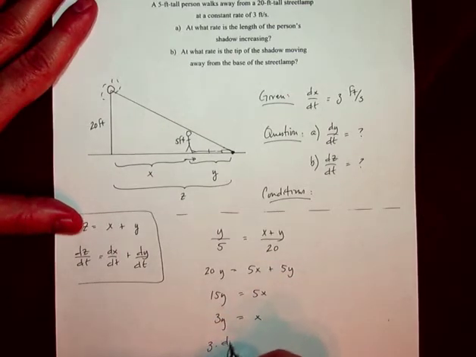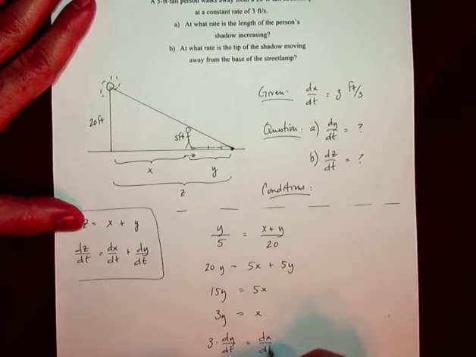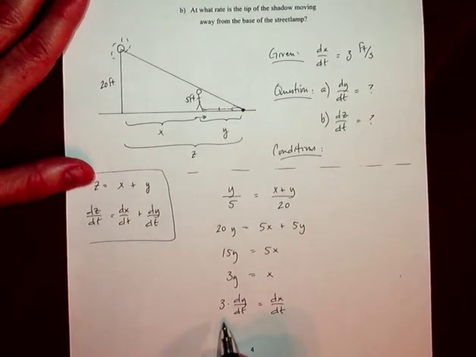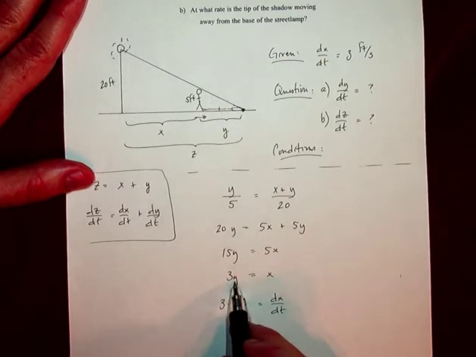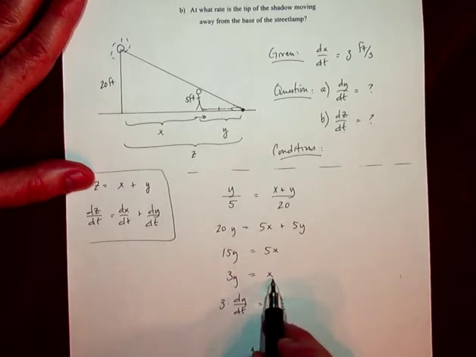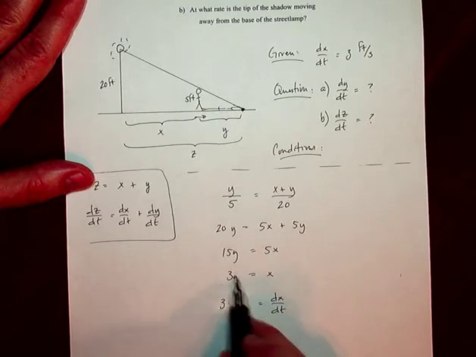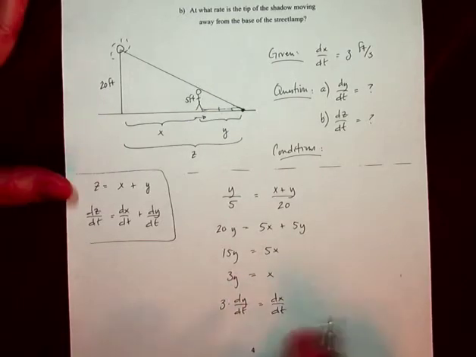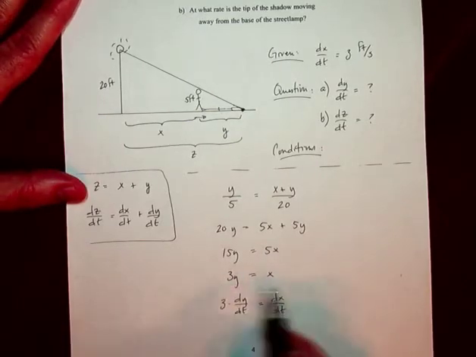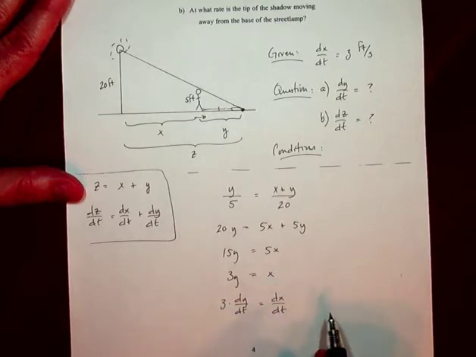What happens here is I recognize that if I differentiate this, if y is always 1/3 of x, or if x is always 3 times y, then if x is increasing, it must be increasing at 3 times the rate, right?